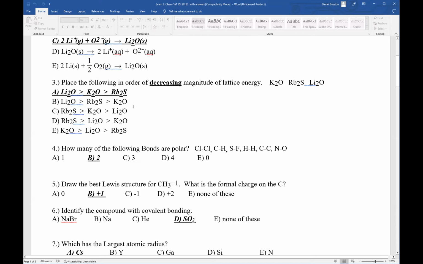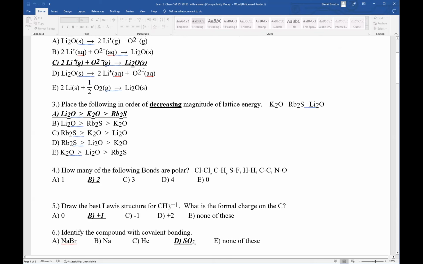3 is basically asking you about radius interpretation trends, but it's doing it in the form of understanding the lattice energy. So if you got the one above right, the lattice energy is, if you think about these things as little magnets, the smaller the radius, the higher charge density, if you will, or the closer the 2 magnets can come together.